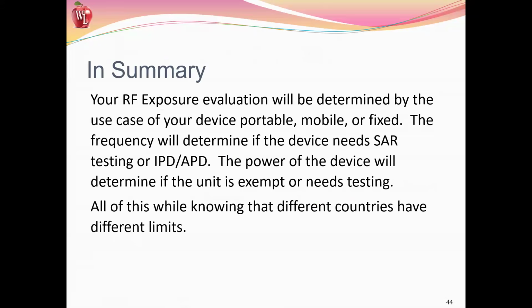If both of those devices have exemptions, but they're at 70% of the requirement, then added together those ratios would go over one, and therefore SAR would be required. It all has to do with that total ratio.